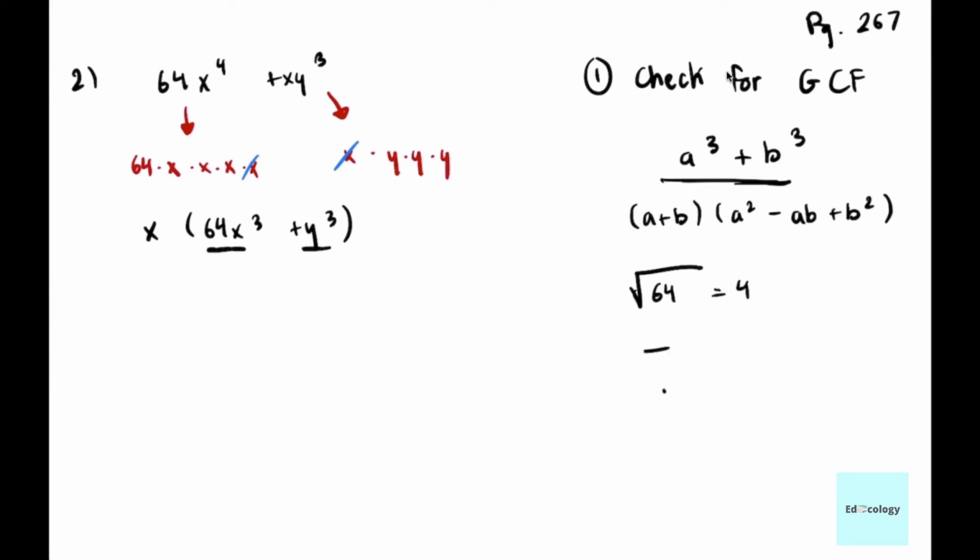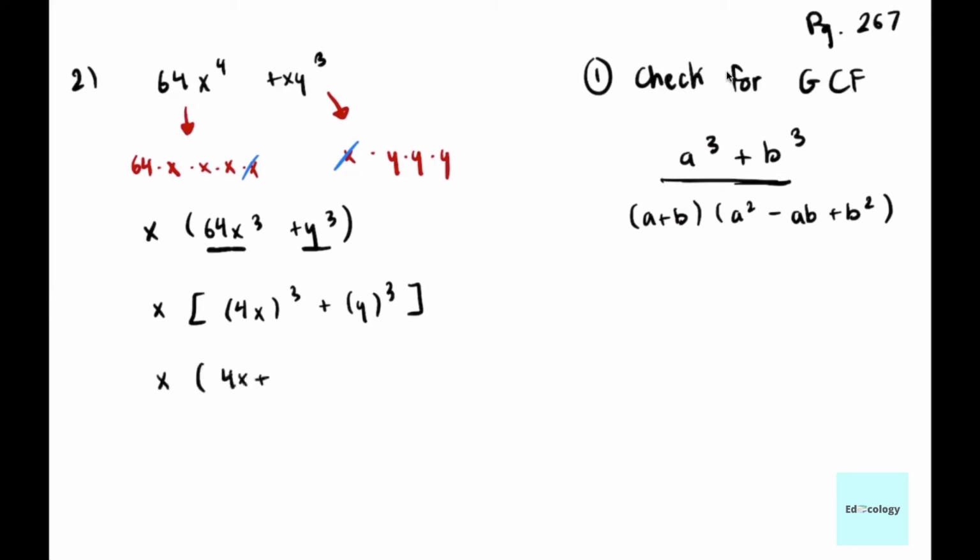Now that we know that, we will rewrite this as x times 4x to the power of 3 plus y to the power of 3. So x times 4x plus y. Then what is 4x squared?